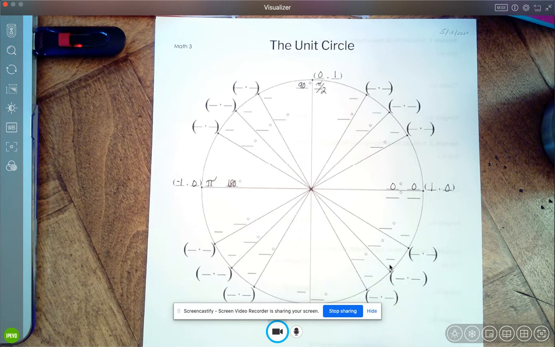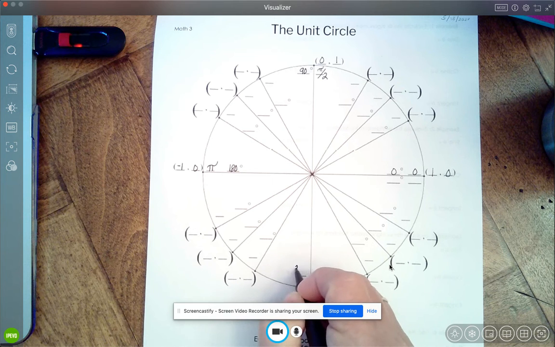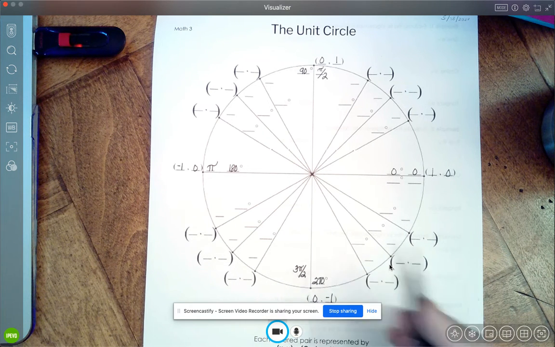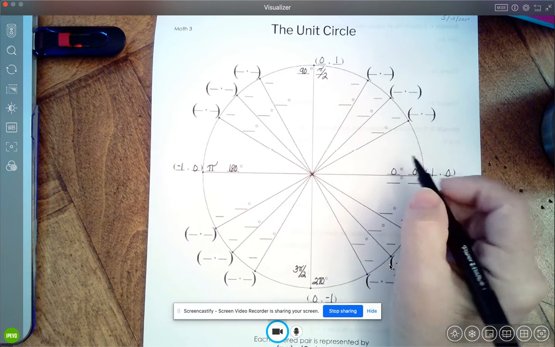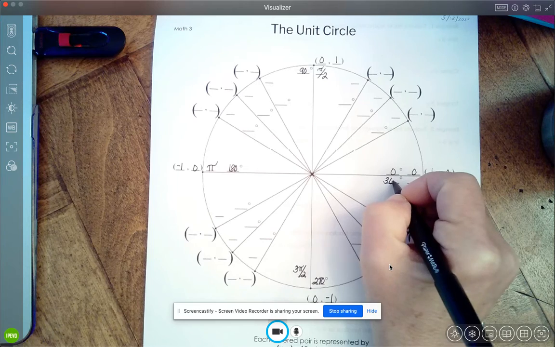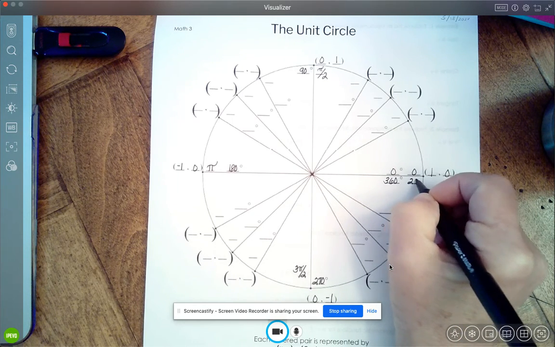And I can continue down here. This is 270 degrees, 3 pi over 2 radians. And I have gone 0, -1 for the coordinates. Now, if I do a full circle, come all the way back up, this is 360 degrees, which is also called 2 pi radians.